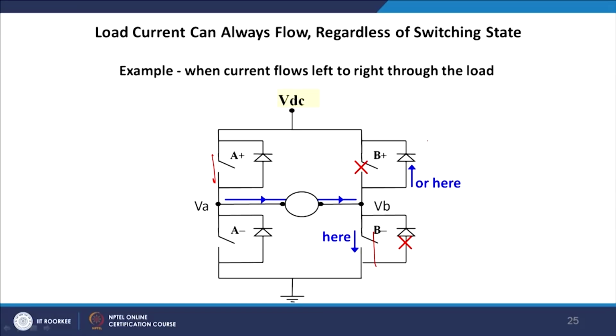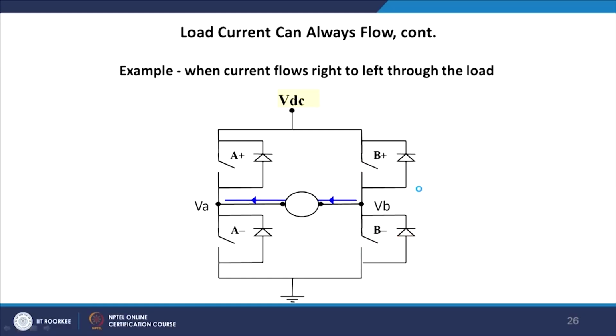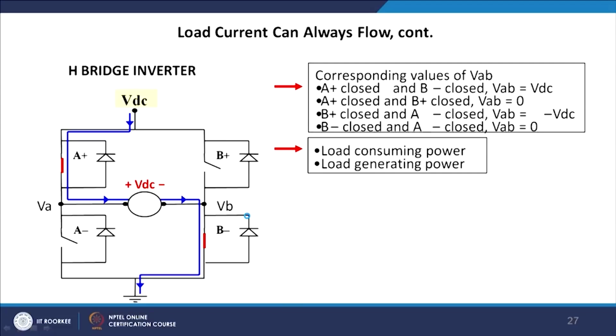And thereafter current will flow through this. When the current direction changes, then this will be the direction of the current initially. Thereafter the diode will come into the picture, this will be the direction of the current, and thereafter this is the total circuit.